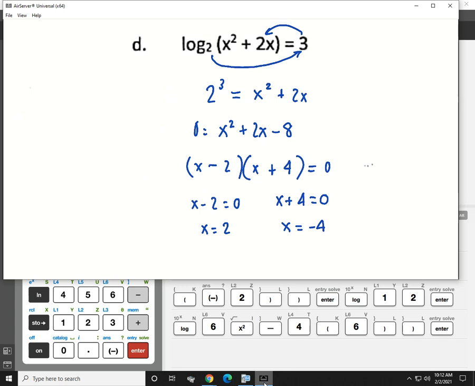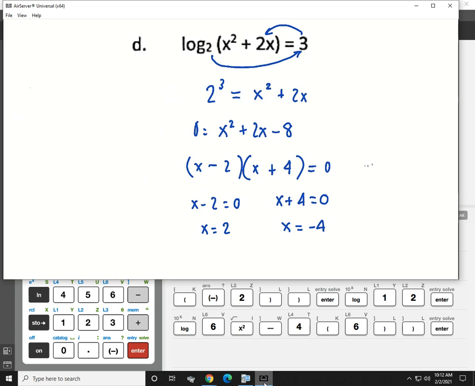Go 2 squared plus 2 times 2. So you do log base 2 of 2 squared plus 2 times 2. What do you get? You get 3? Does 3 equal 3? All right, well, then that one's good.